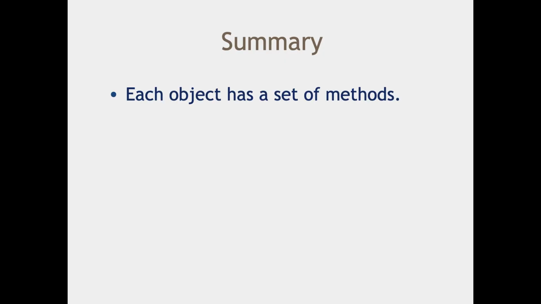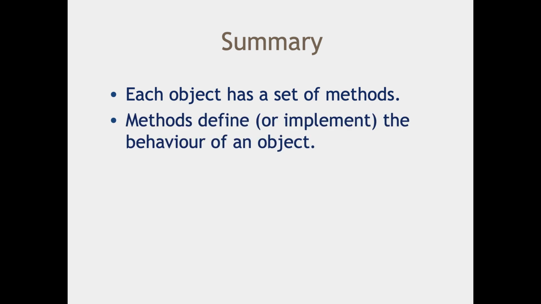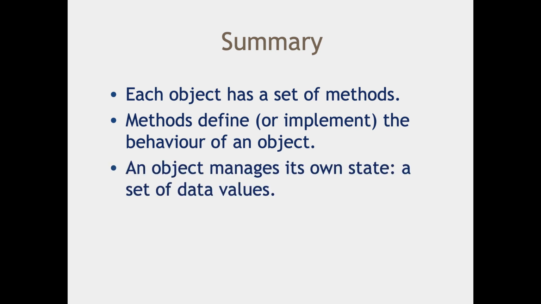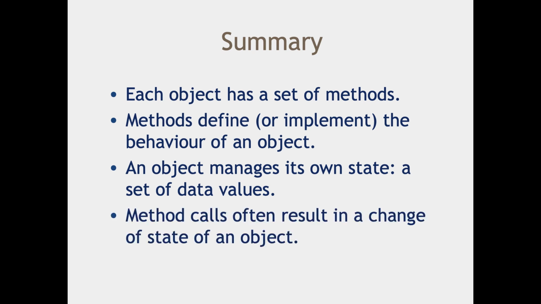Let's summarize what we've seen so far. Each object has a set of methods, and methods define or implement the behavior of an object. An object is responsible for managing its own state, and that state consists of a set of data values. Method calls often result in a change of state of an object.